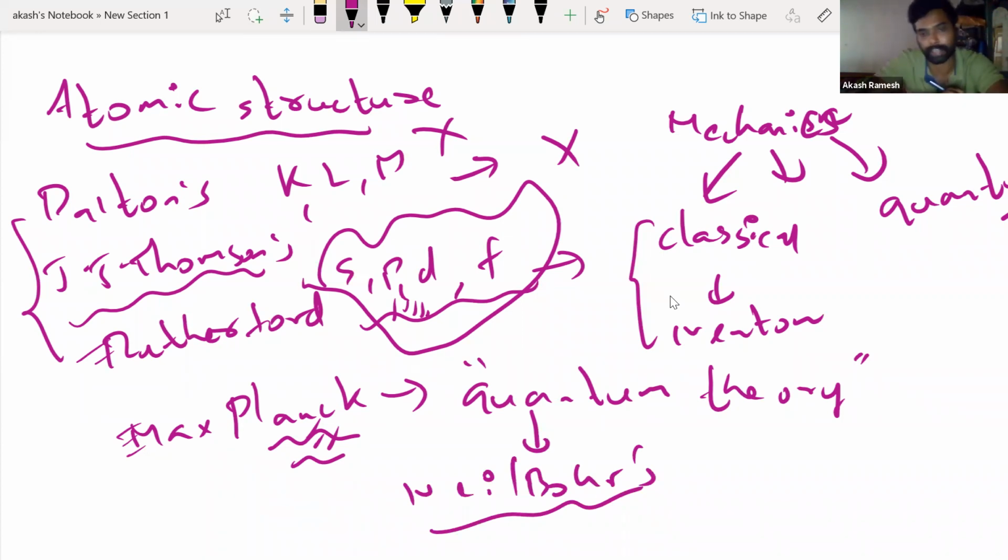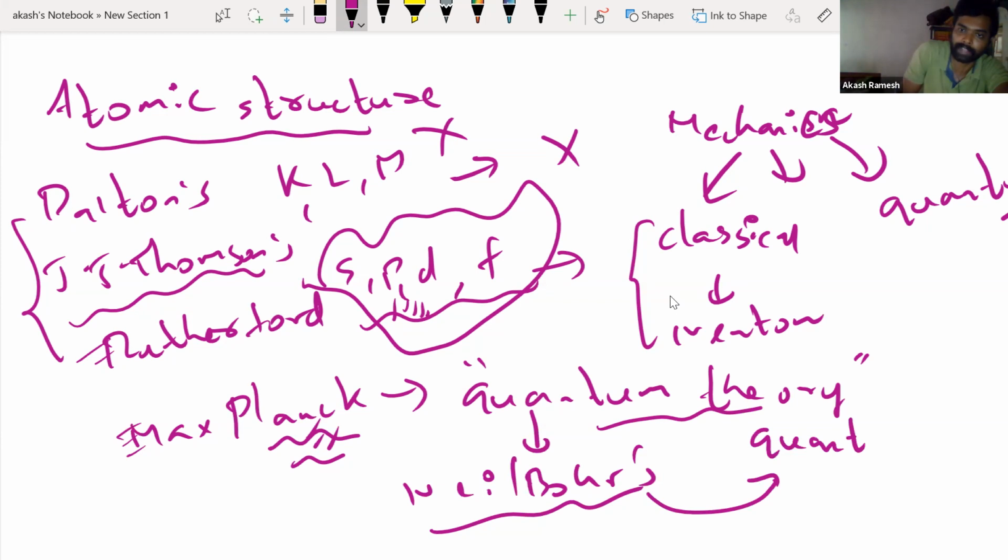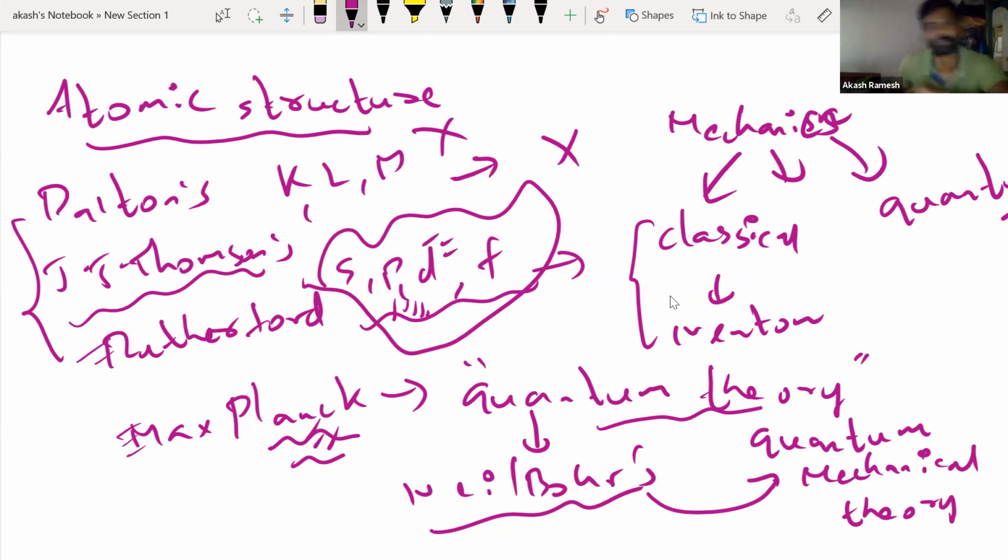You studied it in 9th or 10th class. Niels Bohr's model is based on this quantum theory, but it has its own problems. So at last we'll move to the thing which we are using now, the quantum mechanical theory, and that is where SPDF and all these things come.